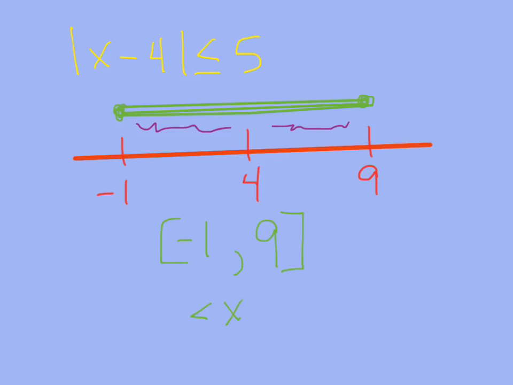Another way to write it would be that x is between -1 and 9. Notice the two inequality symbols go the exact same way they are in the equation. We can write it as a combo in the bottom because x is between those two.